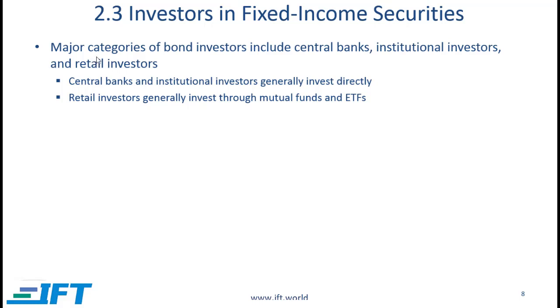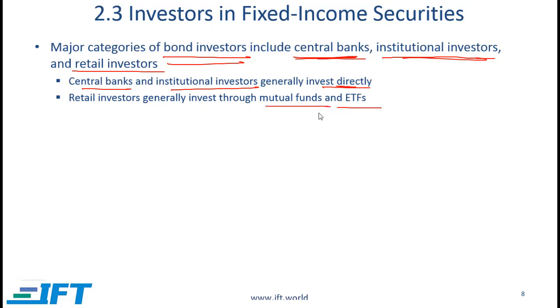The major category of bond investors include central banks, institutional investors, and retail investors. As you can imagine, the larger players are the banks or the central banks here and institutional investors. Central banks and institutional investors generally invest directly. Retail investors generally invest through mutual funds and exchange traded funds.